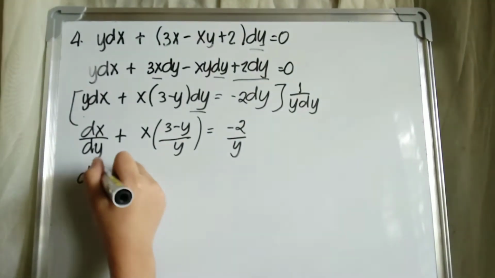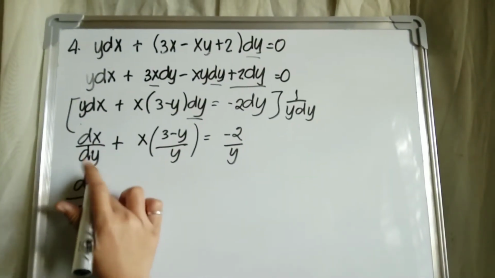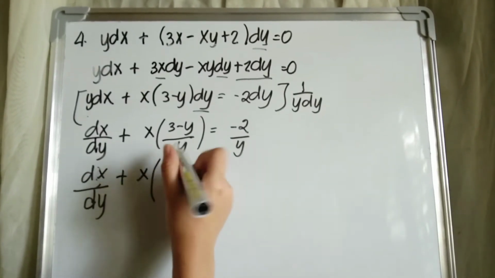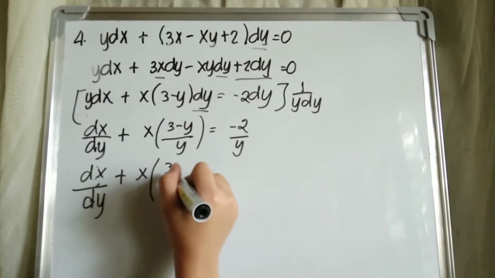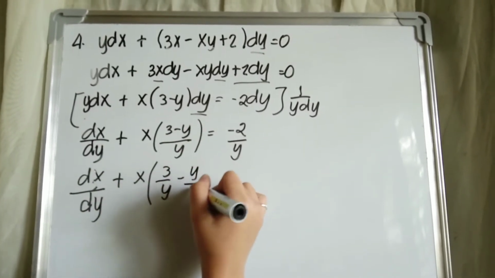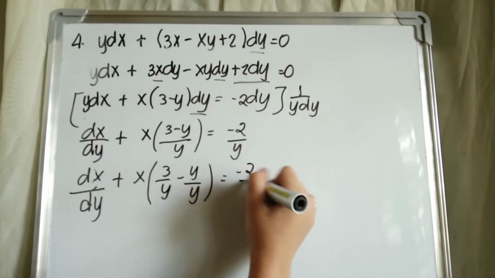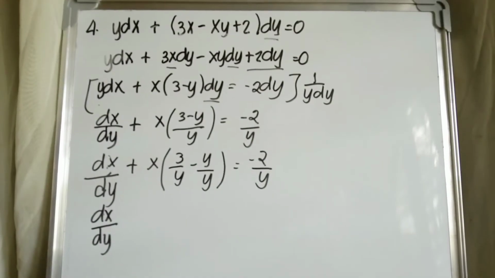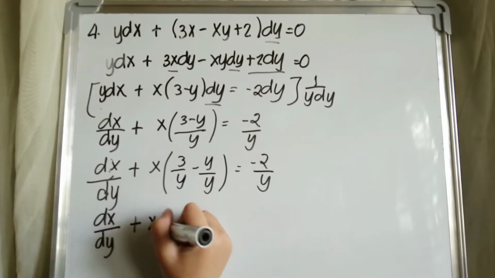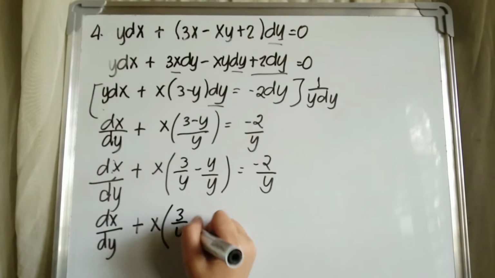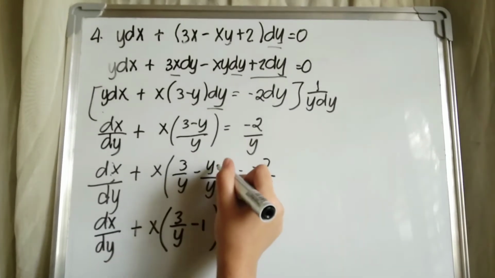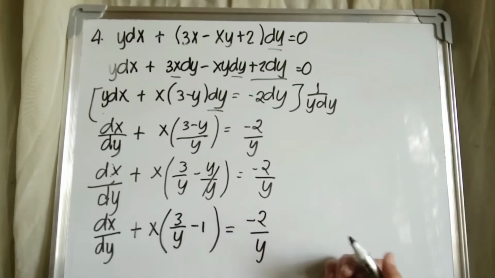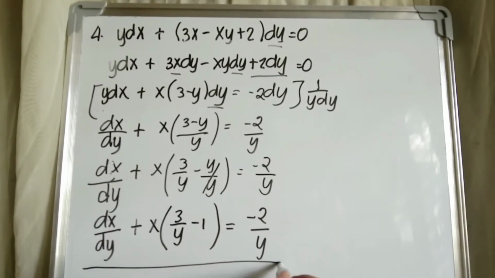And then dx over dy plus x, so we can rewrite this into 3 over y minus y over y is equal to negative 2 over y. So this will become dx over dy plus x times 3 over y minus 1, because this is equal to 1, is equal to negative 2 over y. So this is now our standard form.